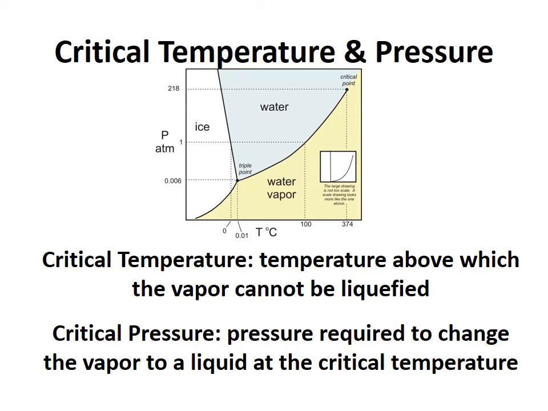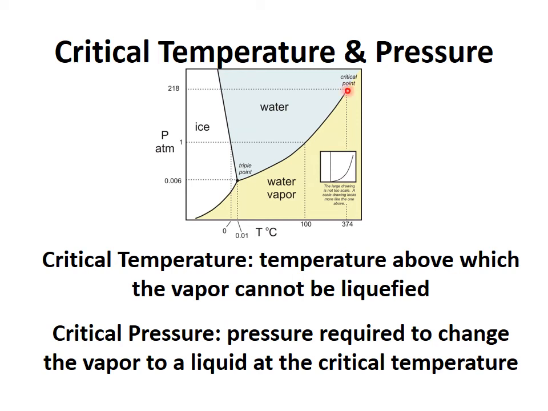If we know what the critical point is, then we can identify our critical temperature and critical pressure. The critical temperature and pressure are the temperature and pressure at the critical point. For water, the critical temperature is 374 degrees Celsius, and the critical pressure is 218 atmospheres. So the critical temperature is the temperature above which the vapor cannot be liquefied.